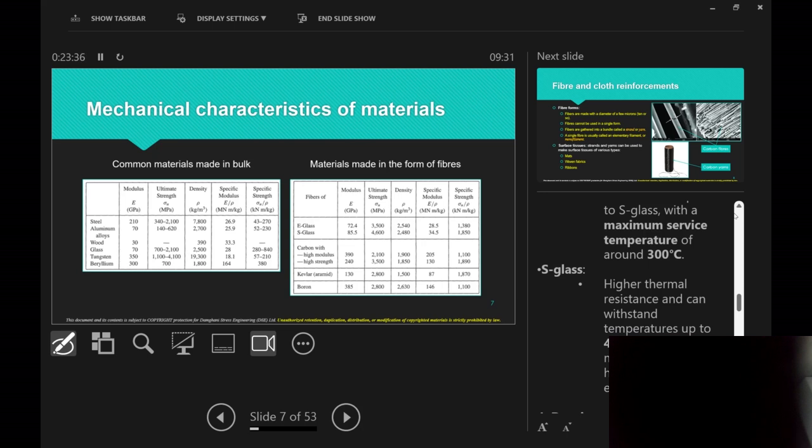Even compared to aluminium alloys, which all the aircraft we've got today in service are made of, not all of them, but the majority, even if you made them of E-glass or S-glass, they would be significantly lighter. But obviously, we don't do that because of the safety issues. E-glass can go up to temperatures of 300 degrees Celsius. S-glass, 450 degrees Celsius, so it's considerably higher.